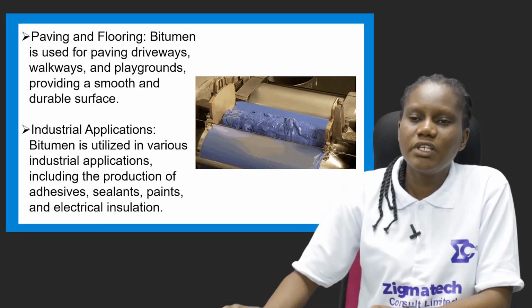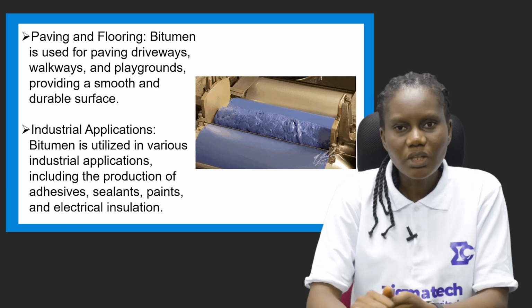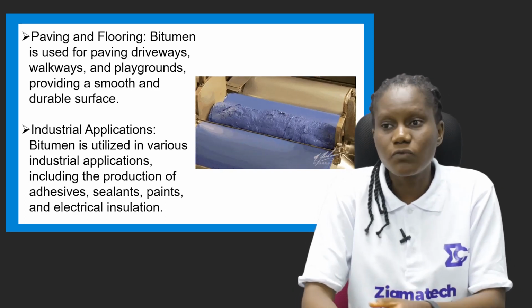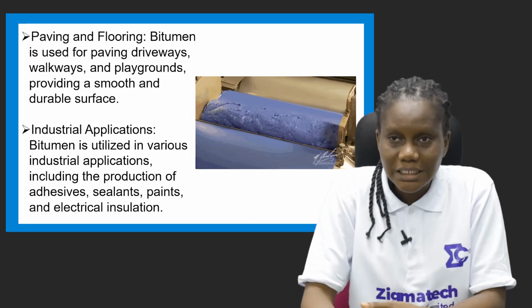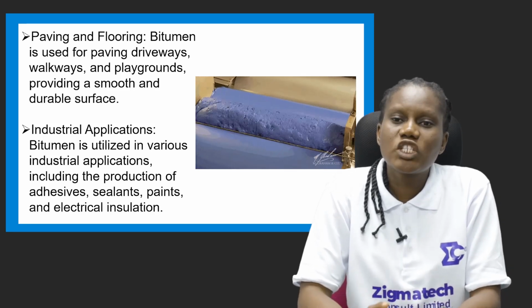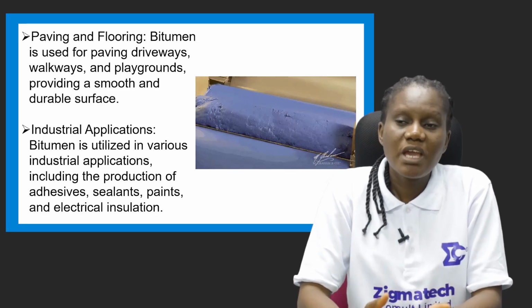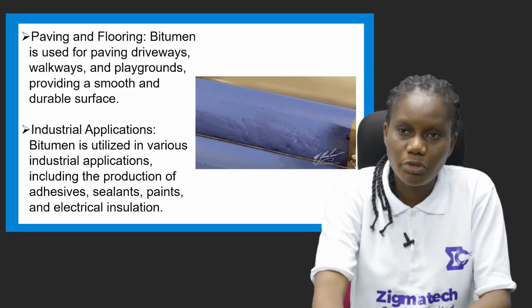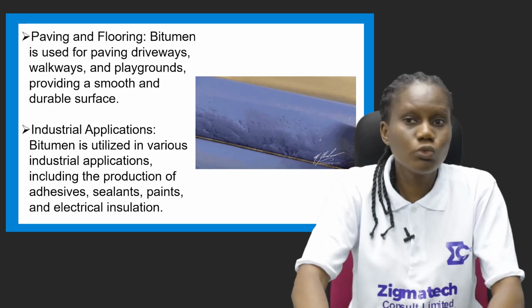Also in paving and flooring. Bitumen is used for paving driveways, walkways, and playgrounds, providing a smooth and durable surface. Paving, that means making way. That's your walkway. You can use your bitumen there. Playgrounds, to make it smooth.